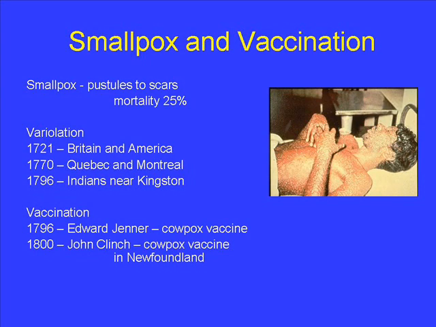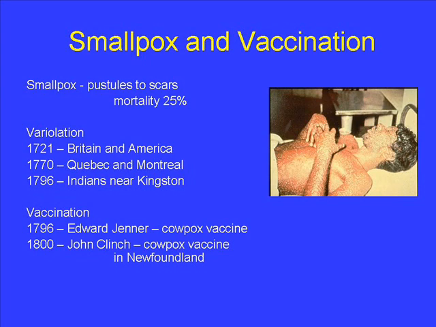The reality is that in 1770 in Quebec and Montreal, James Latham, who was a military surgeon, used variolation on over 1,200 people, and later in that century it was agreed that the Mohawk Indians around Kingston could be variolated if they wished. But generally speaking, there was a resistance to variolation because people were concerned about the possible risk.